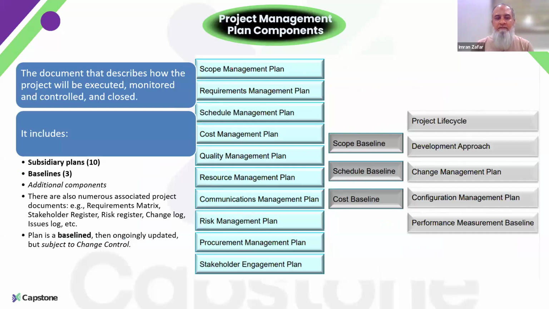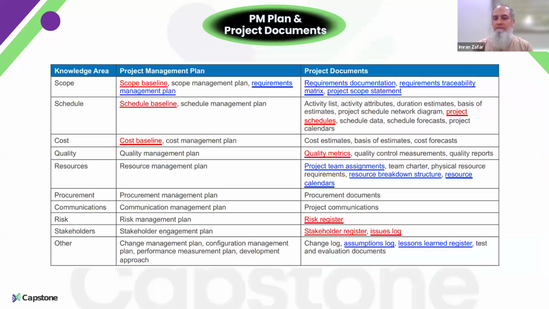So the project management plan is basically a combination of all the 10 subsidiary plans that we have prepared. This obviously includes our performance measurement baselines as well, and some other documents that we have prepared, like our resource calendar, our requirements management plan, requirements documentation, risk register, communication log.